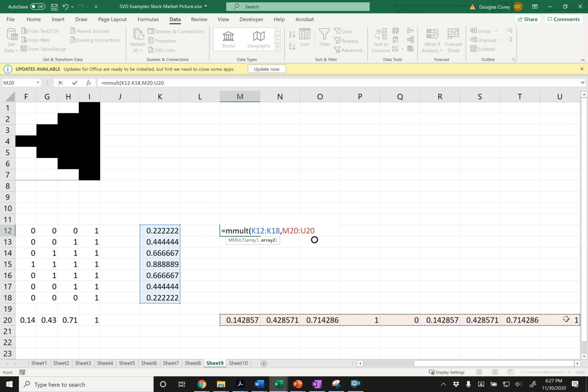So notice this is not the dot product kind of product. These actually don't even have the same number of entries, so I can't even do a dot product with them. What I'm doing is taking this value, multiplying it by all of those to get one row, and then this value, multiplying it by all of those to get my second row. This is what we call the outer product.